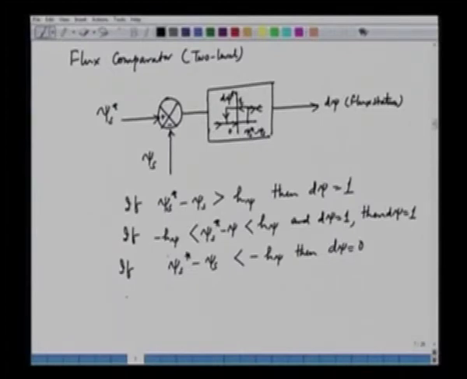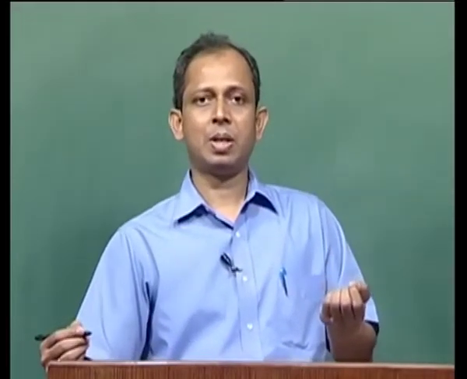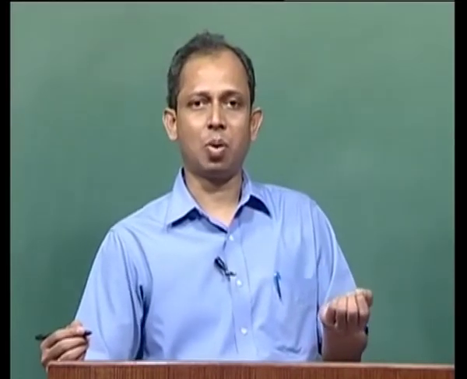And if psi s star minus psi s is greater than minus h psi and less than h psi, and d psi is equal to 0, then d psi is equal to 0. If the flux error is within the band and previously the flux status was equal to 0, the status quo is maintained. It means the flux status within the band will also be equal to 0.